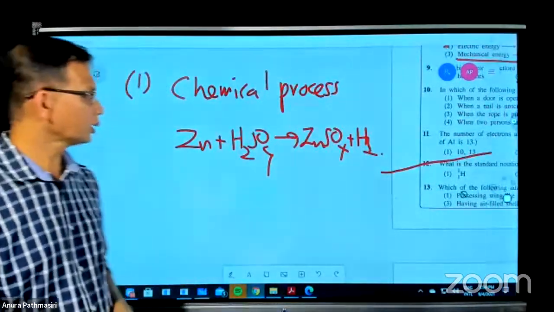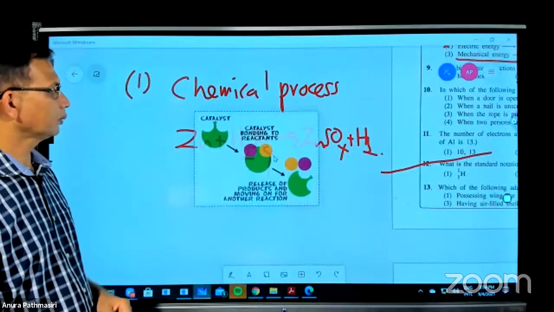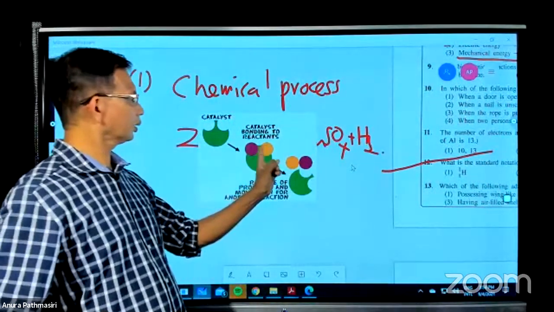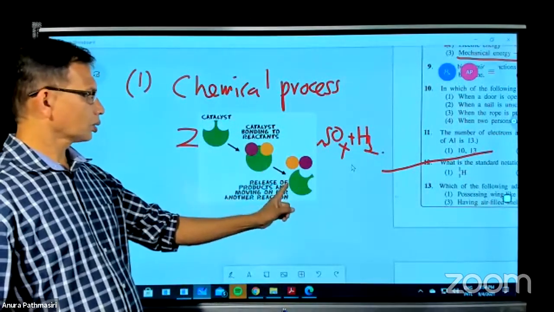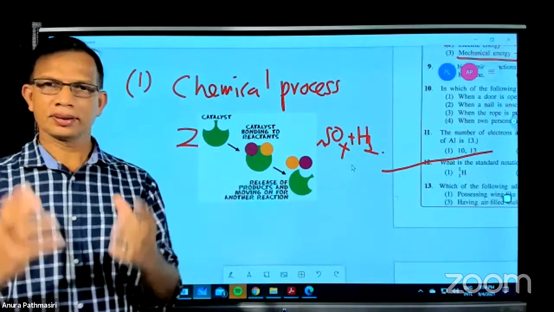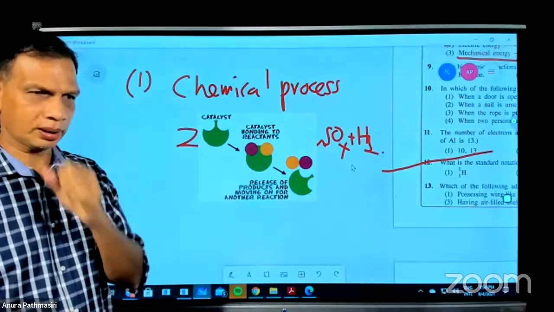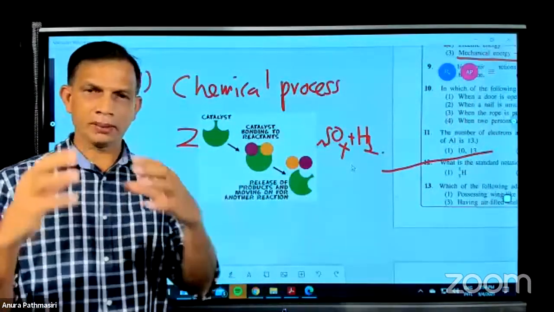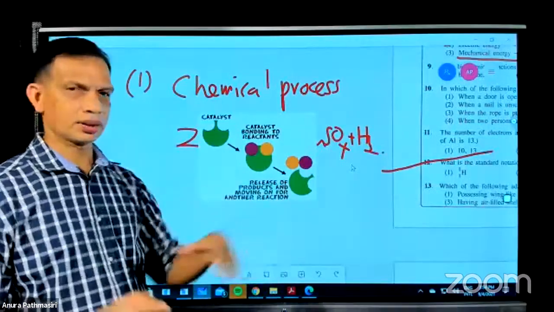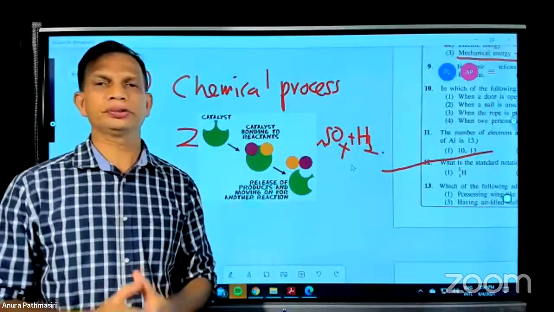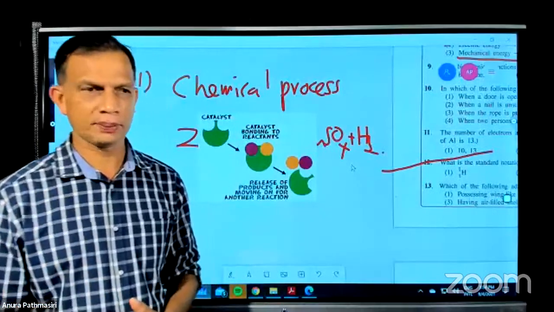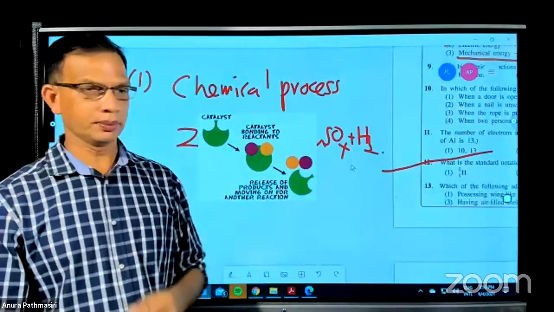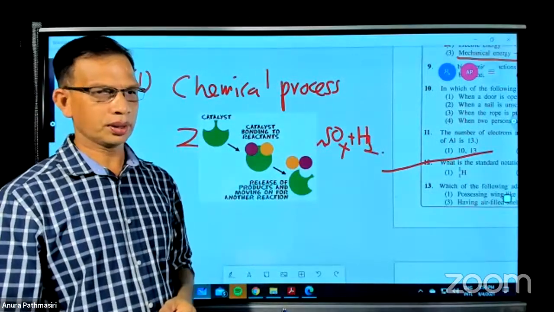You can see a nice picture here. This is the catalyst, and these are the reactants. The catalyst provides the place for the chemical reaction, and when the chemical reaction occurs, the catalysts are released and again support other chemical reactions to take place. So these are the functions of the catalyst. Enzymes work according to this way.